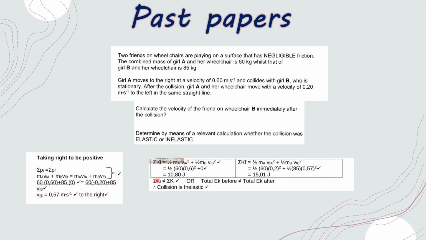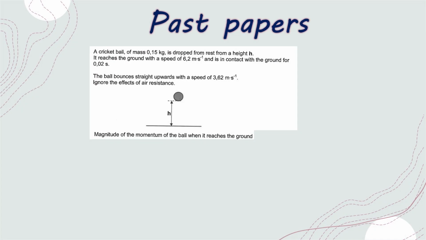You do kinetic energy initial, kinetic energy final or after. You substitute your values and you see this comes out to 10,80 and this comes out to 15,01. Because they don't equal each other, the collision is inelastic. Let's move on to the next past paper example.